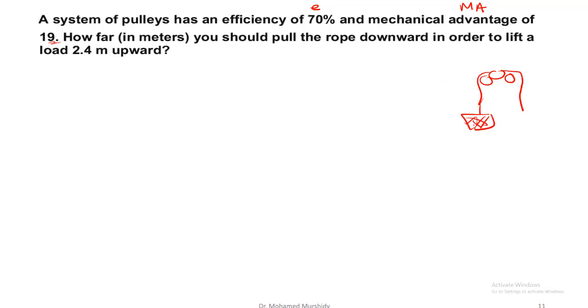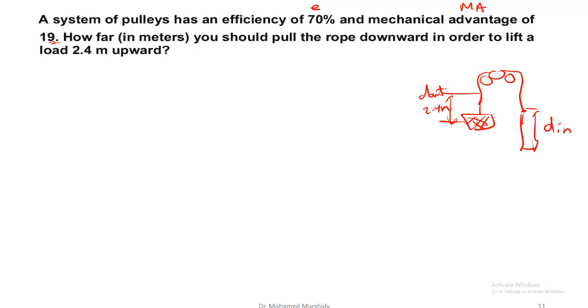We have an object like that. How much is the distance that you need to pull this rope down, the input distance? He is asking about d in, for the load to be lifted up a distance of 2.4 meter. This is d out. So I have confirmed now that he's asking about d in and we have d out.